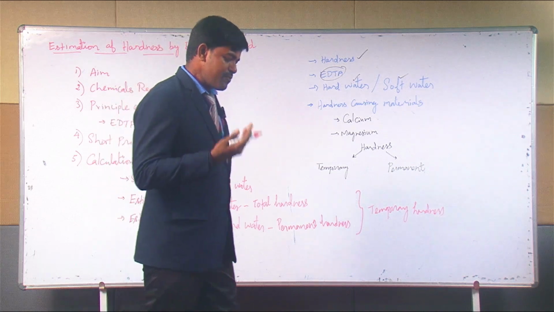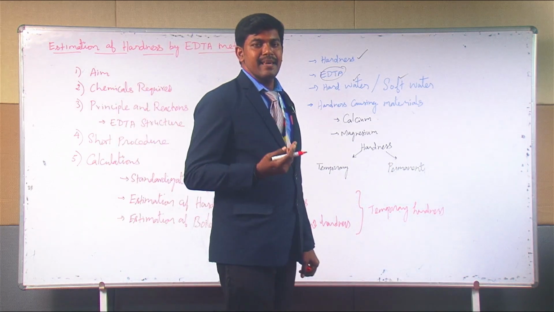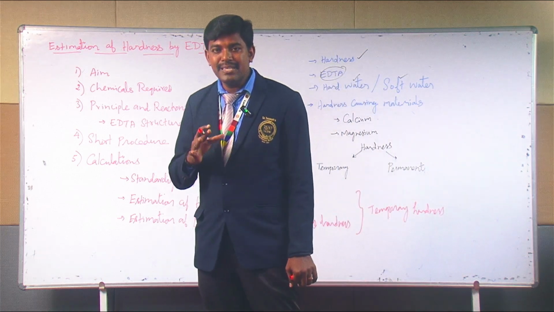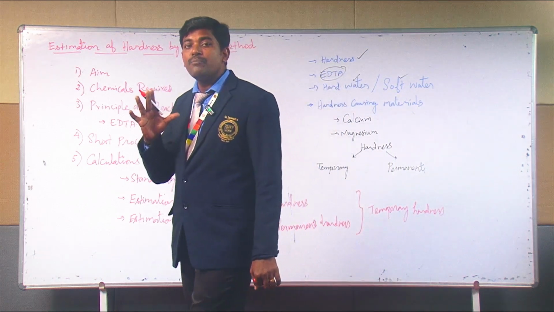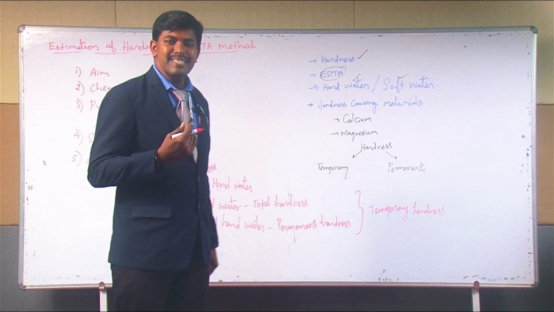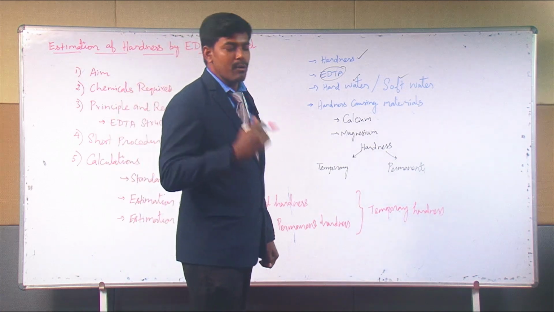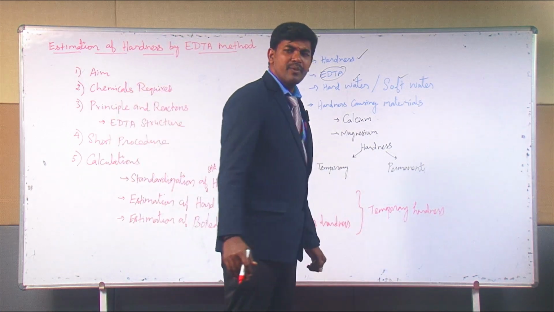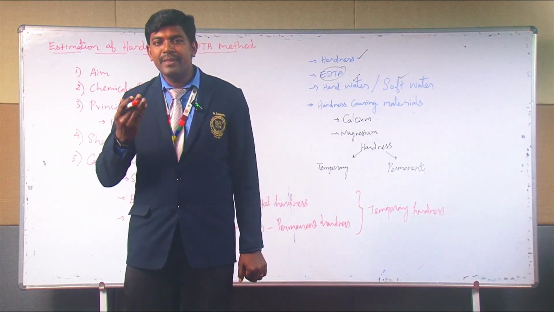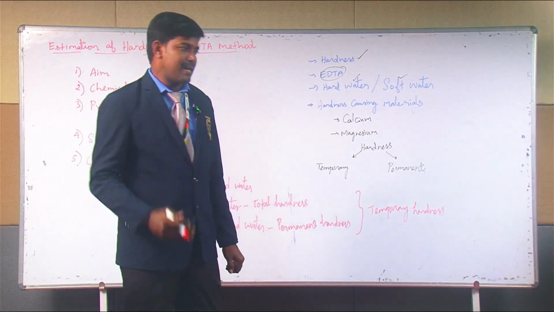For example, a demineralization process or the zeolite process. These processes are necessary to remove the permanent hardness, but the temporary hardness can be removed by simple boiling. Let me see what are the constituents responsible for temporary and permanent hardness.